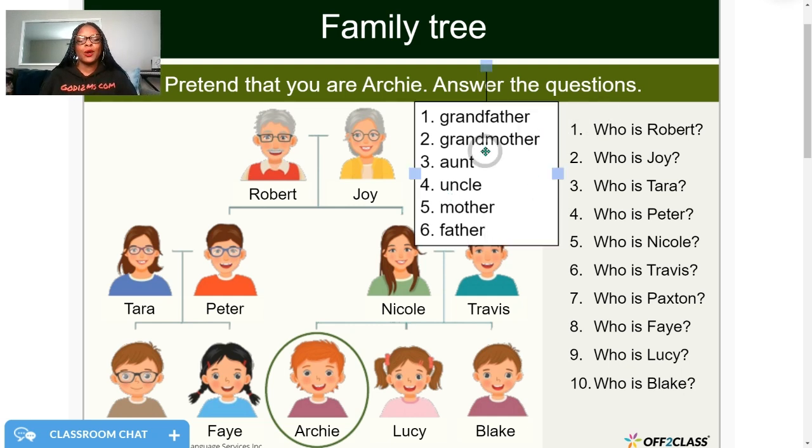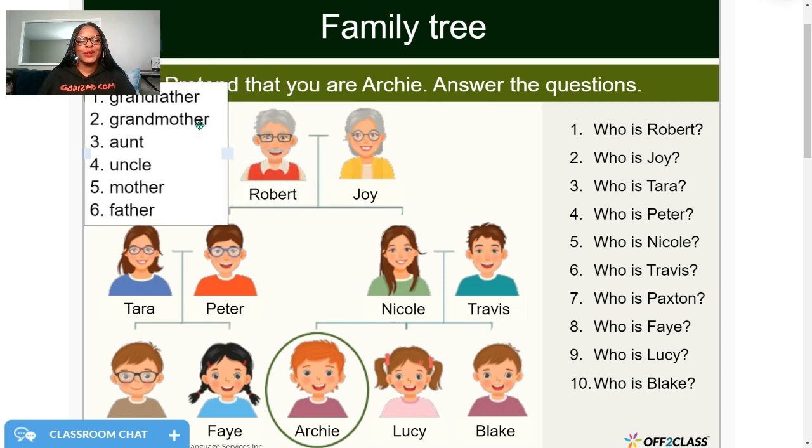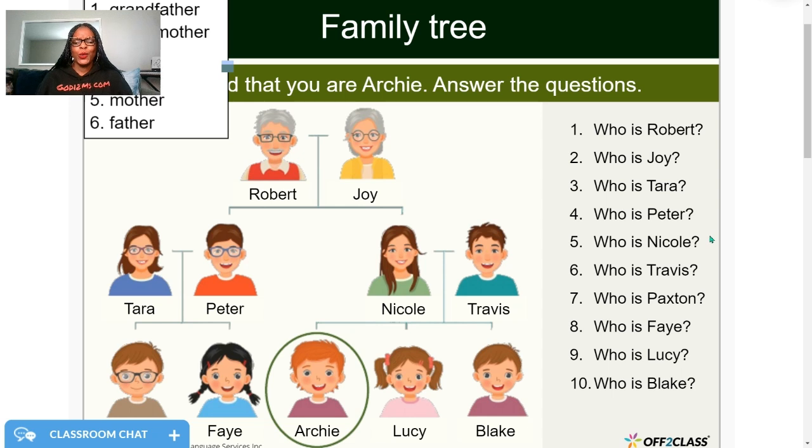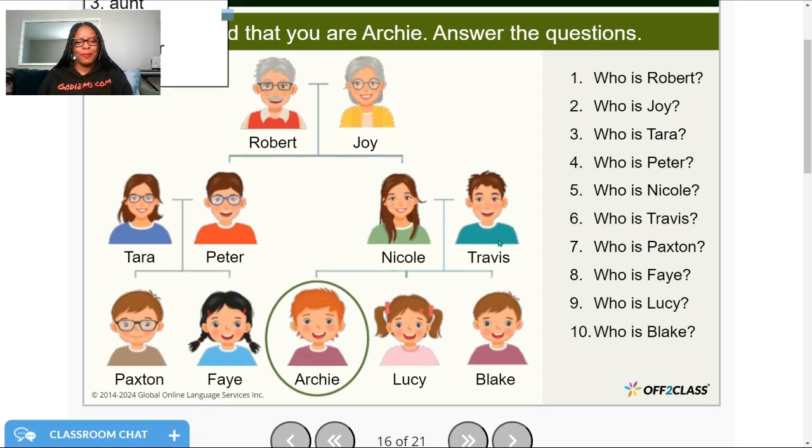Okay, so what about number 7? Who is Paxton? We have Paxton down here with the glasses on. What do you think? We know that Paxton is a child. He is a boy.